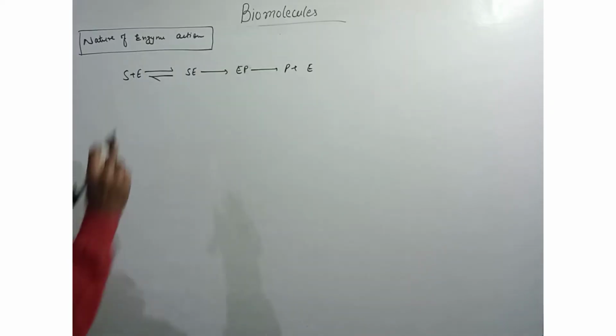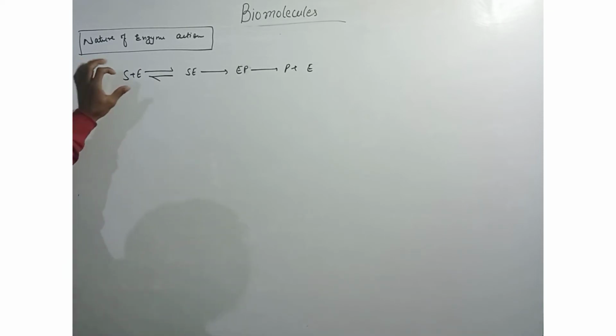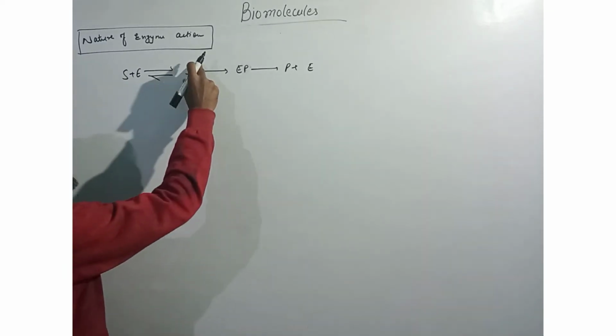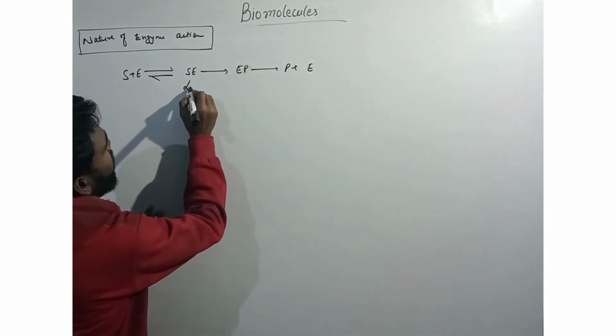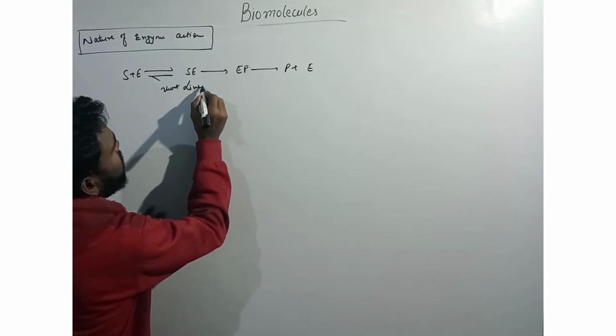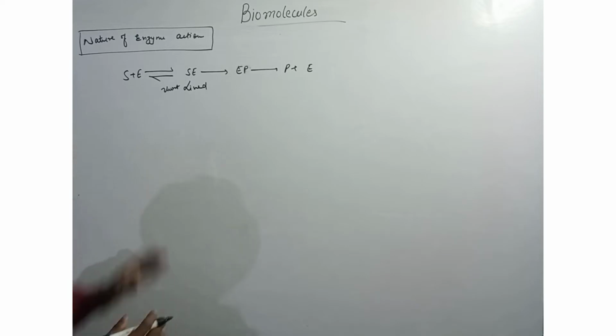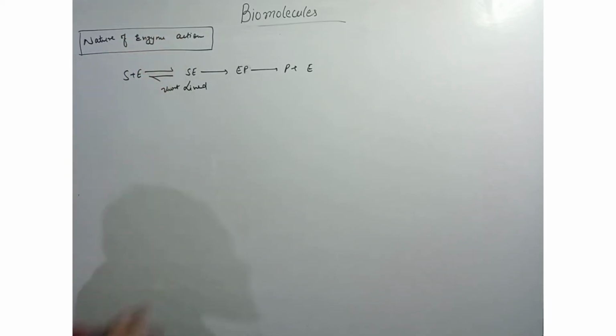Substrate binds in these pockets. When the substrate binds, it forms a substrate enzyme complex. This is called a transient phenomenon. As I stated earlier, this is very short lived, and this substrate enzyme complex is also reversible.